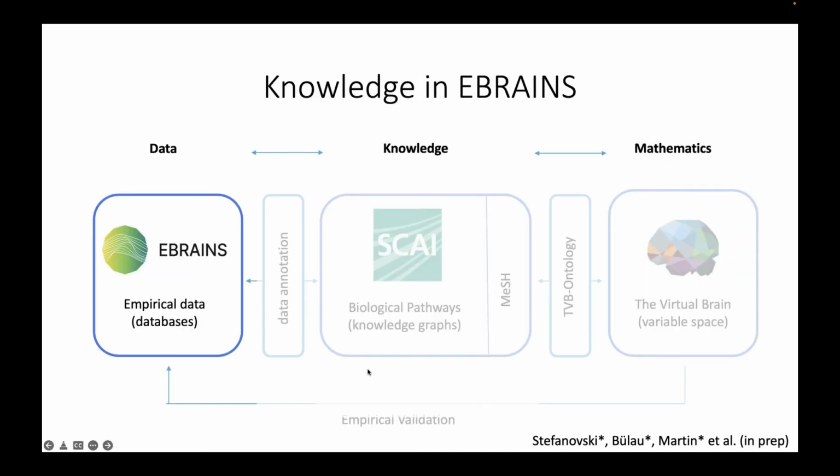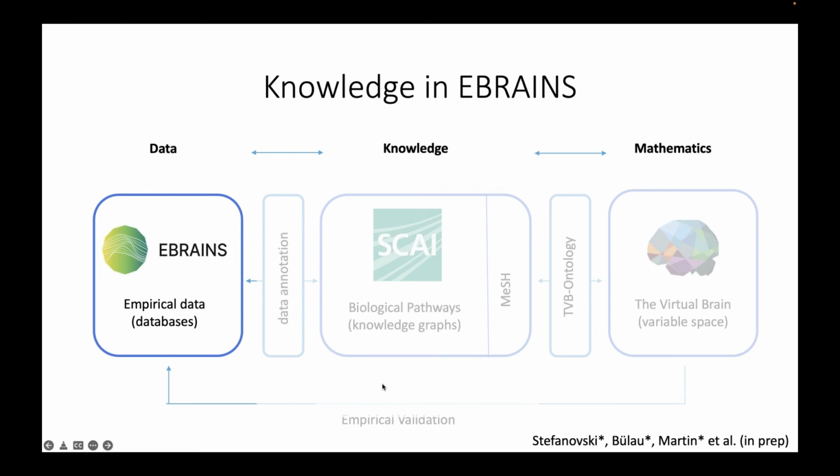And just to complete the vision of how to integrate knowledge into the brain simulation, besides these newly mapped maps, we can, of course, also extract empirical data, in this case from EBRAINS.